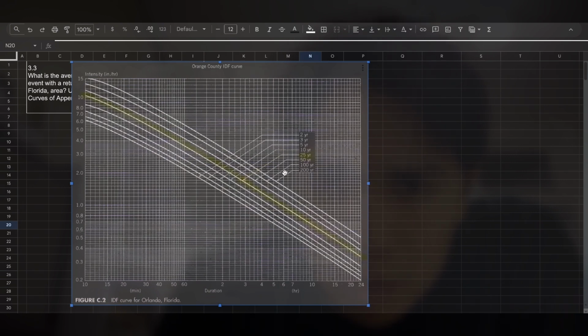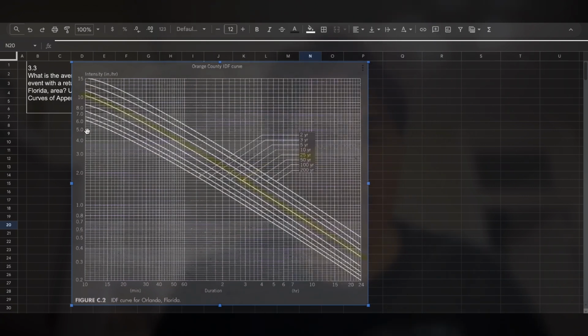If you follow this one and you're careful, it will be the second line from the top in this IDF curve. For 1 hour, it will be about 60 minutes. You just follow that line until it crosses the return period line that you're interested in, in our case the second one from the top, and then you go to the left, which takes us to about 5.